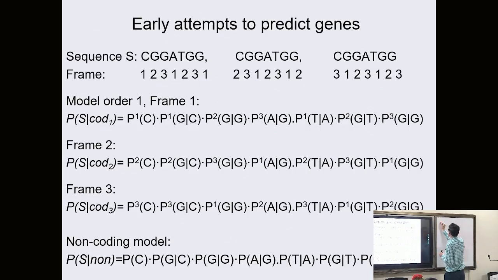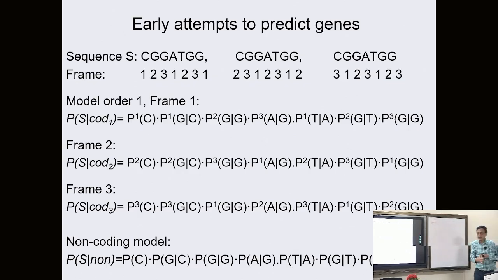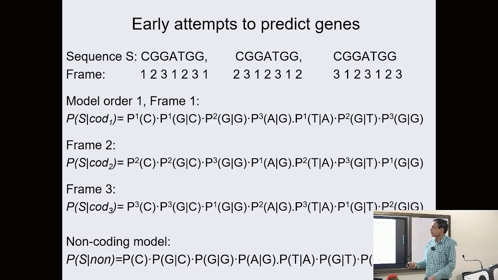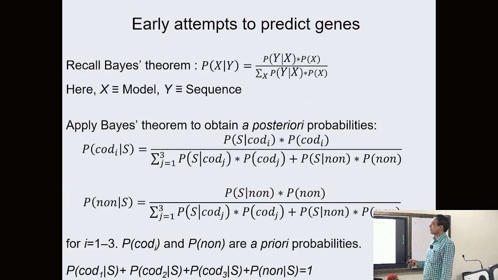Here is the genome, and a window of length 96 nucleotides was moved and slid every 12 nucleotides. Then the probability of the sequence within the window to be protein coding in frame 1, frame 2 and frame 3, and to be non-coding, were computed and plotted.